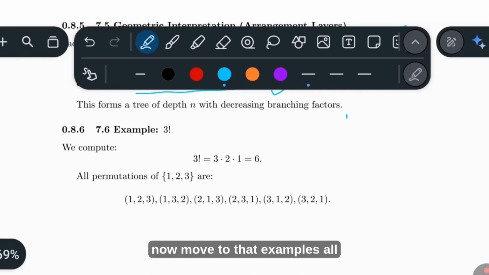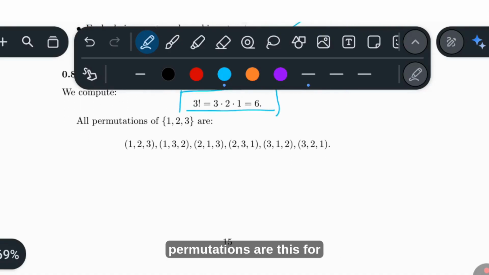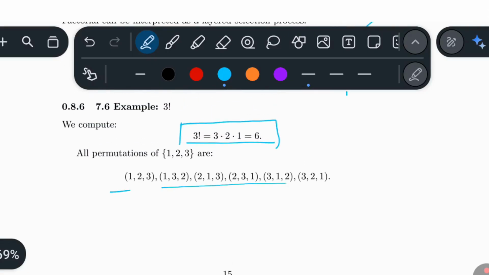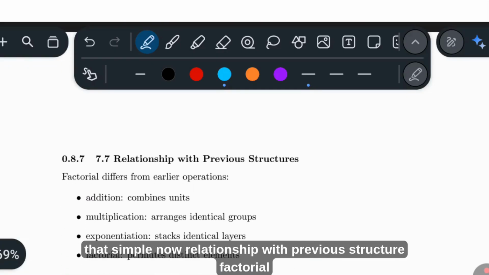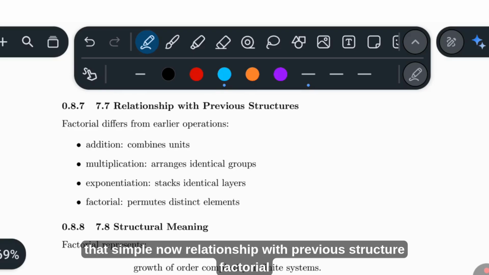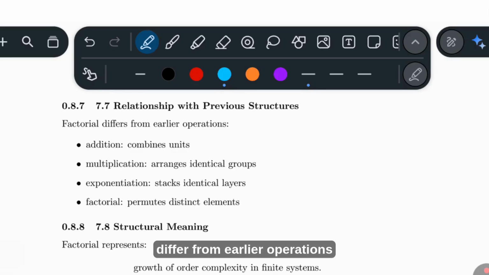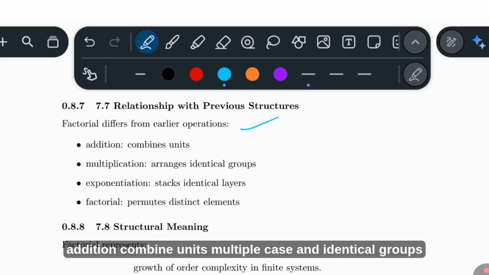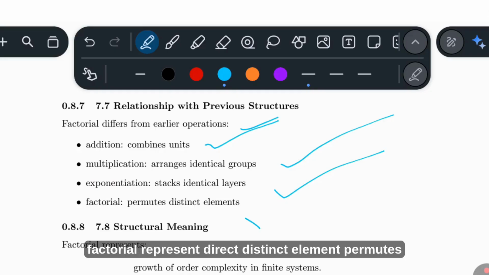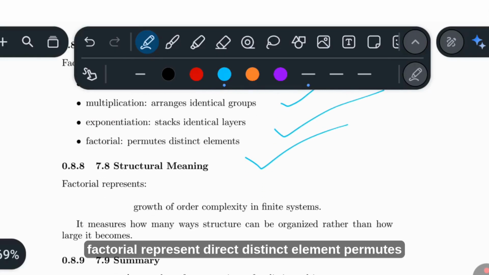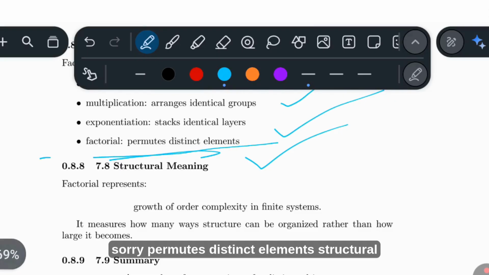So now move to the examples. All permutations are in these sets. That's simple. Now, relationship with previous structure. Factorial differs from earlier operations. Addition combines units, multiplication combines identical groups, exponentiation stacks identical layers, and factorial permutes distinct elements.